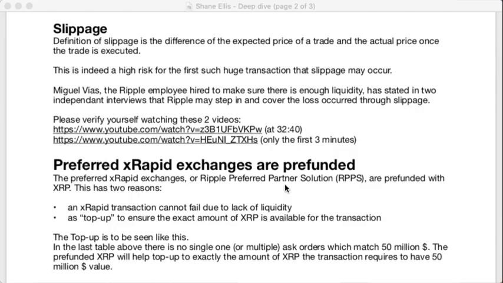These paths have to be found first. One could be a direct path, another could be fiat, XRP, fiat, another could go through several intermediaries. Each has a different speed, a different price. And that takes some time.